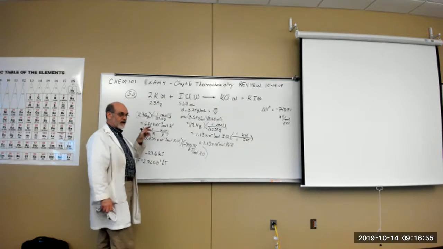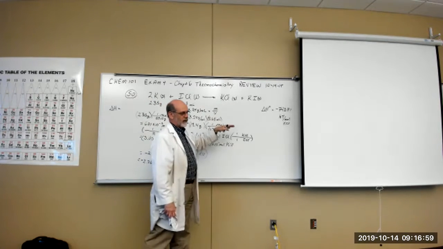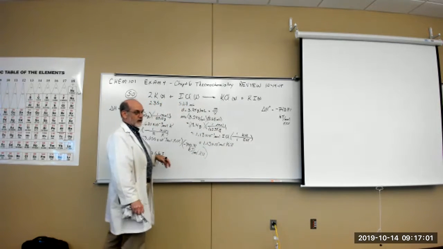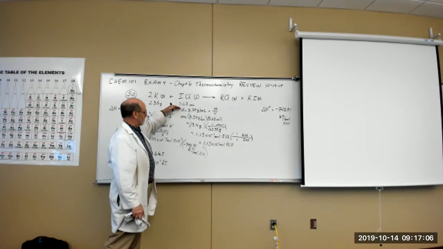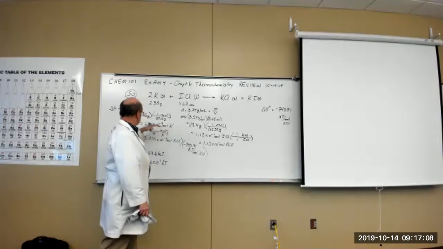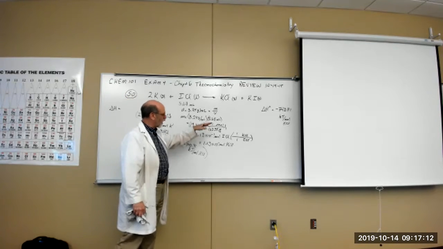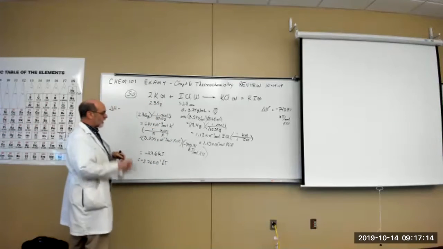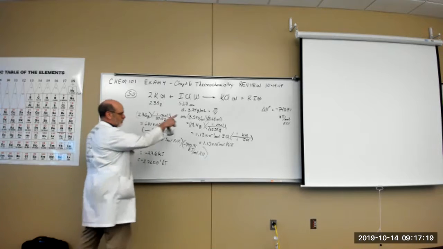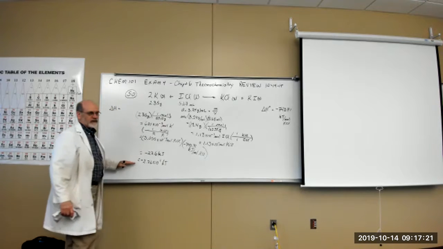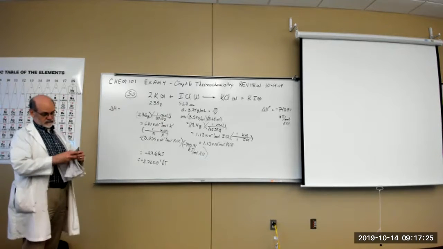And in order to compare them, you have to be able to calculate in terms of a product: how much product is going to be produced. So that requires this to be converted to grams and the moles to moles. Then moles of product, compare, and you find out which one's limiting. Then you can use that with your enthalpy to determine the heat of the reaction. So it's multi-step. I'll give you that much.